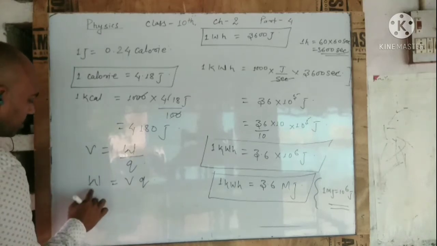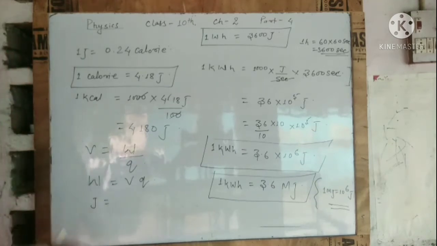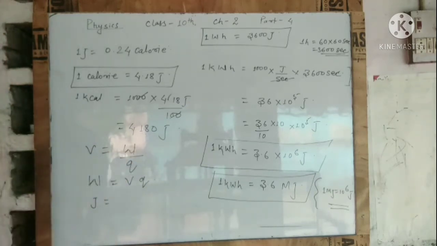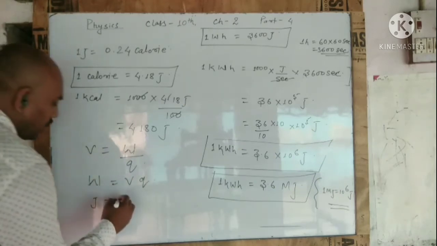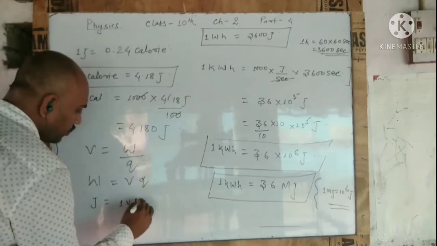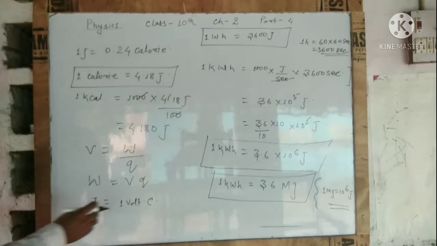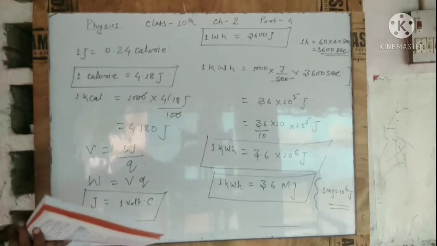Here the unit of work is joule, and the unit of potential is work done per charge, joule per coulomb. Here coulomb will be cancelled. Now I am multiplying by volt, 1 volt being the unit of potential, so volt into coulomb will become joule.